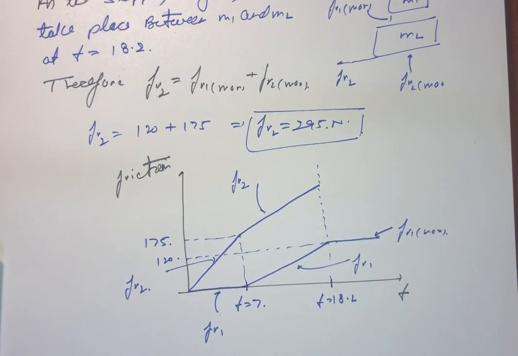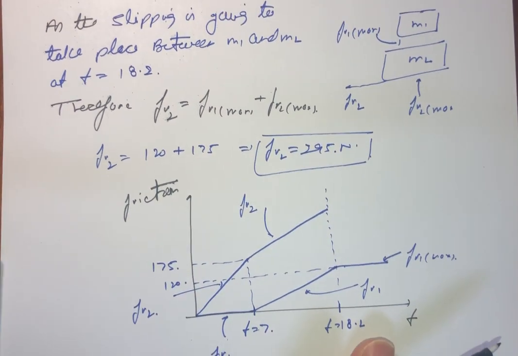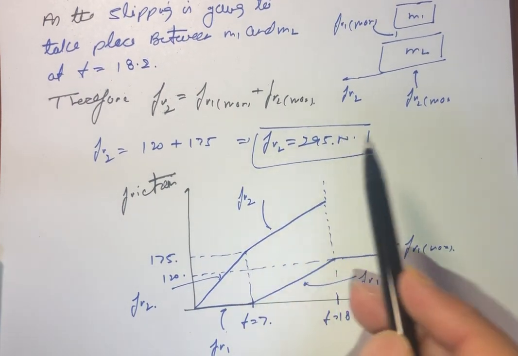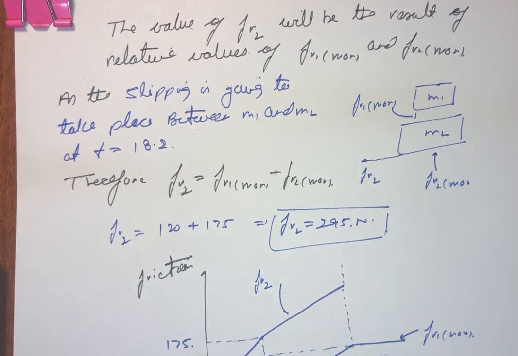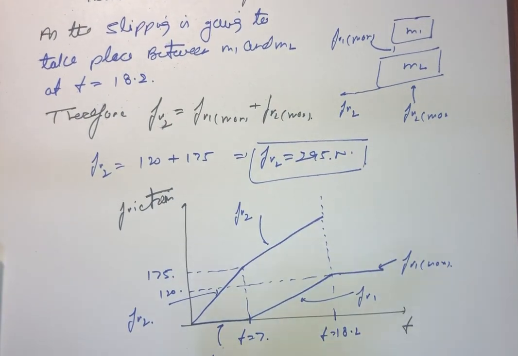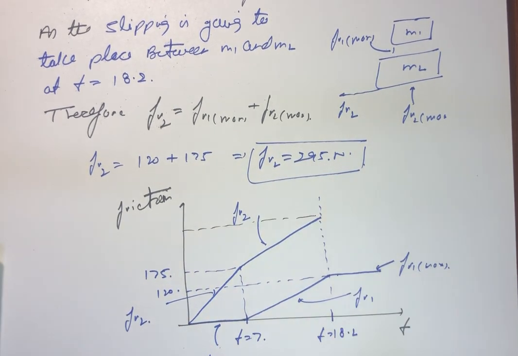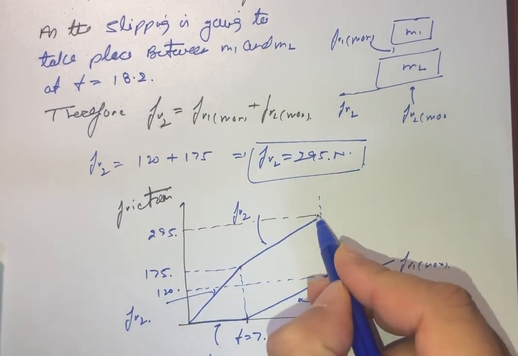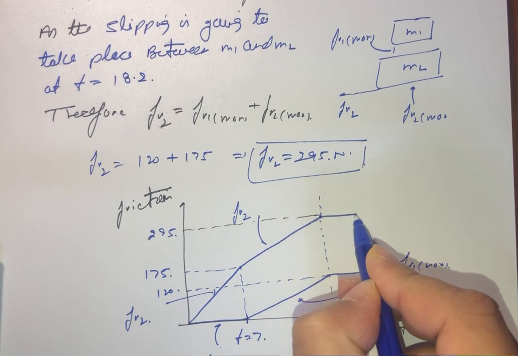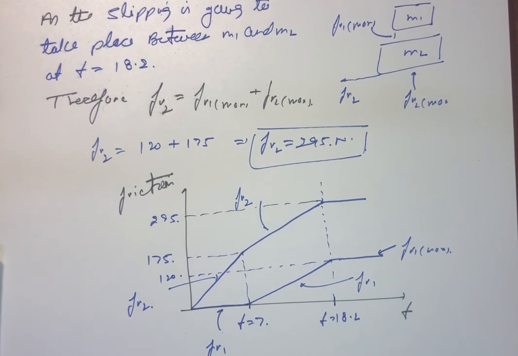and we also found out that the value of FR2 will be relative values of both FR1 max and FR2 max. Okay, their summation is coming as 295. This will be our 295, and after that it will be having a constant value like this. So this completes the second part. Okay.